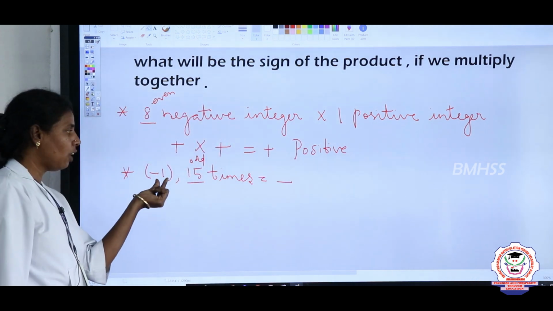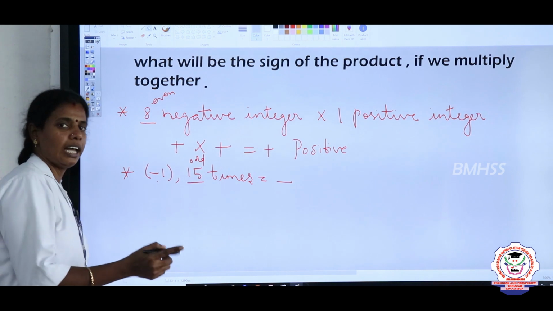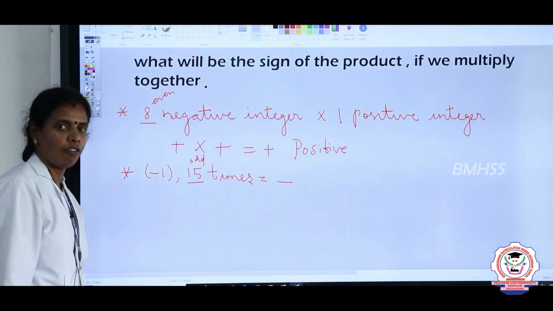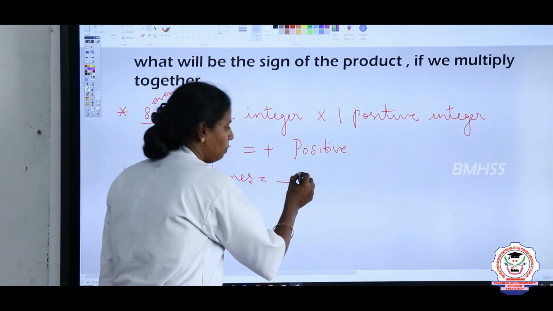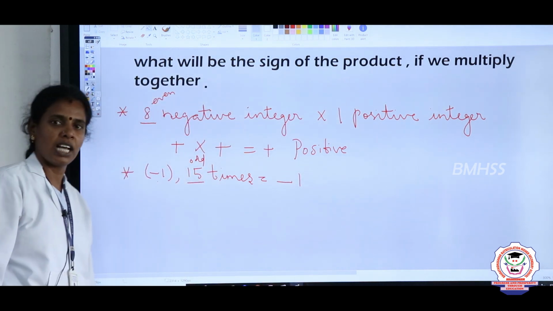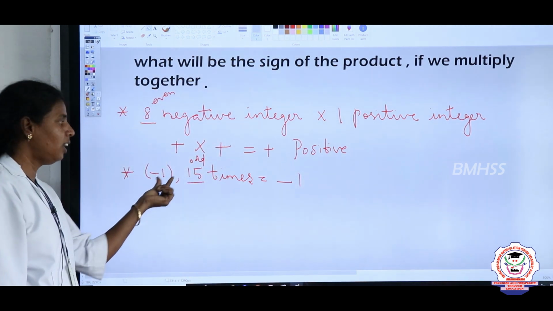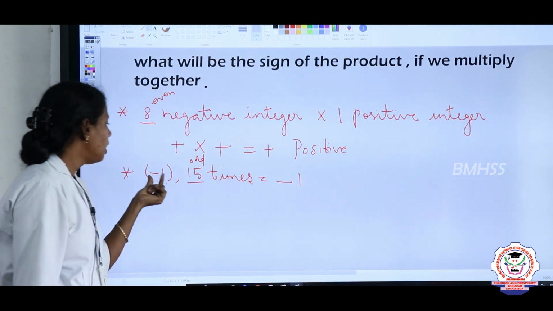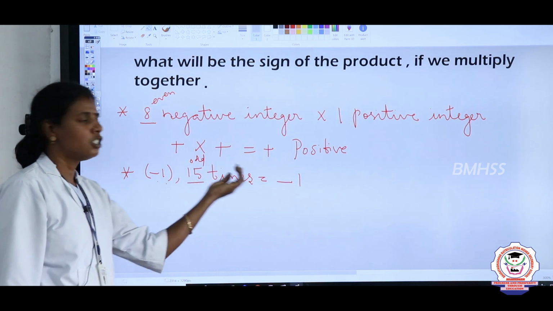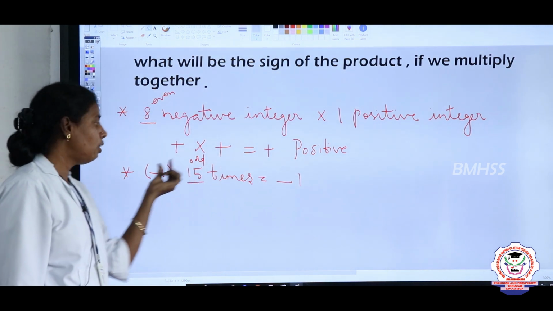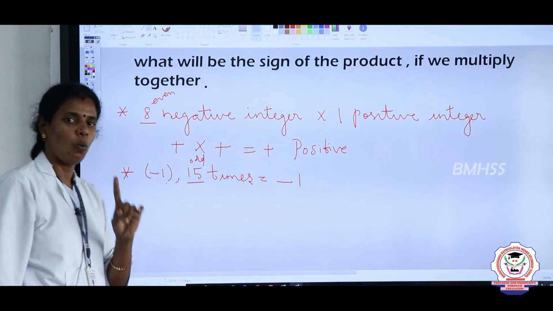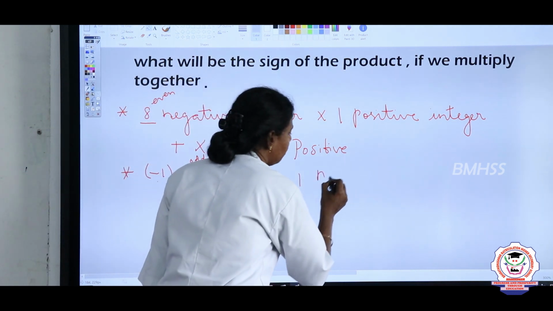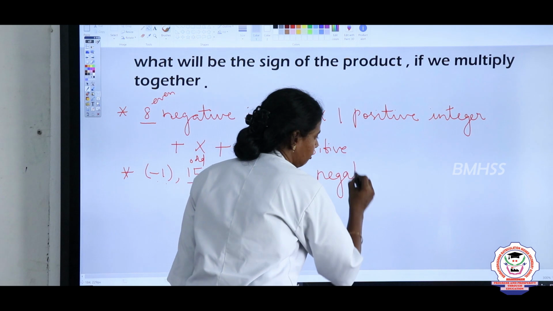And if we write 1 fifteen times, that is 1 into 1 into 1 into 1, n number of times, the answer will be 1, because 1 ones are 1, 1 ones are 1. So for minus 1 multiplied 15 times, 15 is an odd number, so our answer is negative, and 1 into 1 into 1 also will give 1. So the answer is minus 1, which is negative.